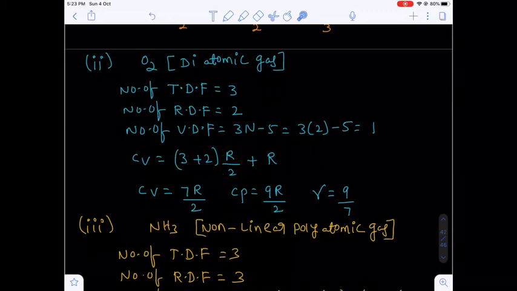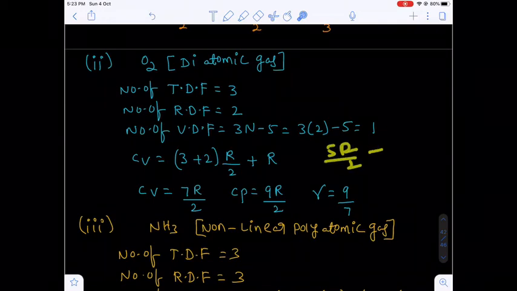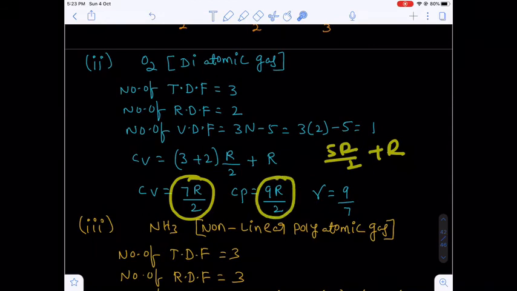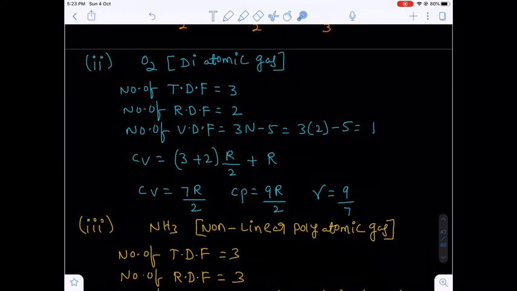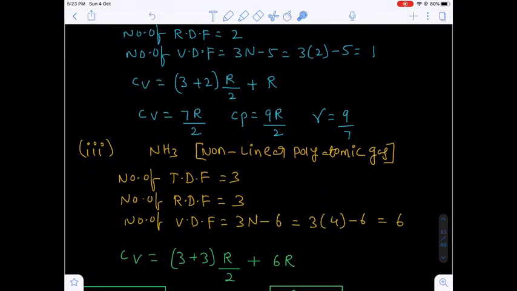So 5 into R by 2 plus R. Are you getting my point? This will be 5R by 2 plus R, that is 7R by 2. CP is 7R by 2 plus R, that will be 9R by 2. So the ratio will be 9 by 7. Are you getting my point?